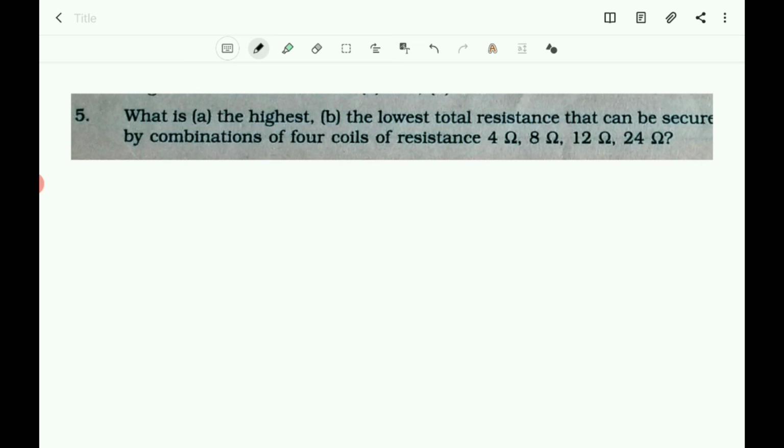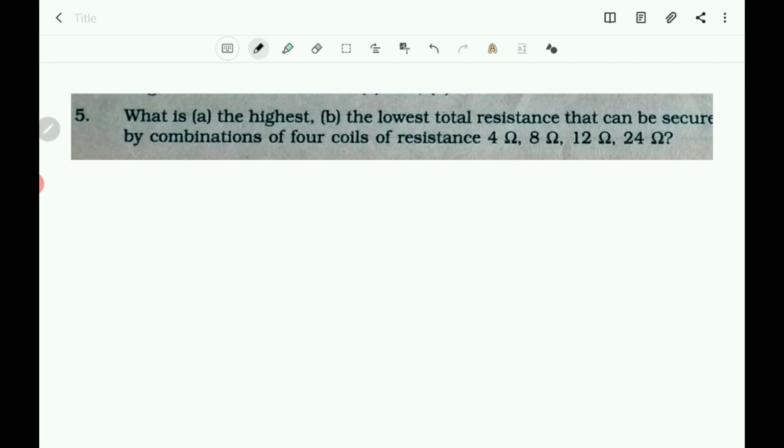Now you know that by connecting all of them in series, all the resistances add up, so there is a chance of getting the highest resistance. And by connecting all the resistances in parallel combination, you will get the lowest total resistance. So to get the highest total resistance, connect the resistances in series here.